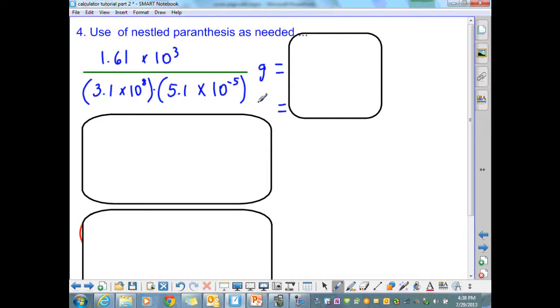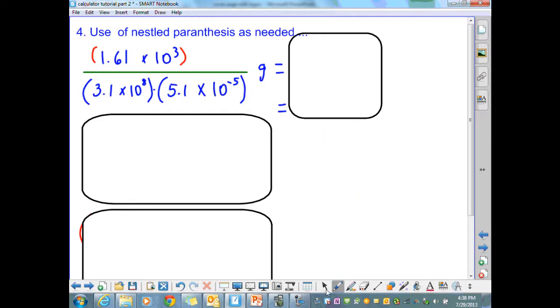Because what the calculator will do is, suppose you put parentheses around this as well, and you put division sign, and you put exactly as you see it, it will divide it by this group, but then it will multiply everything. It will not divide. Notice this is in the denominator. You want to divide that by that quantity. But if you enter it the way you see it, this quantity will end up being multiplied with that, not divided.